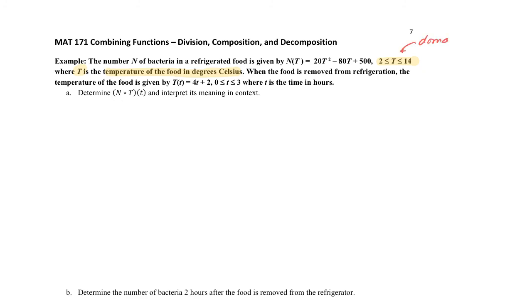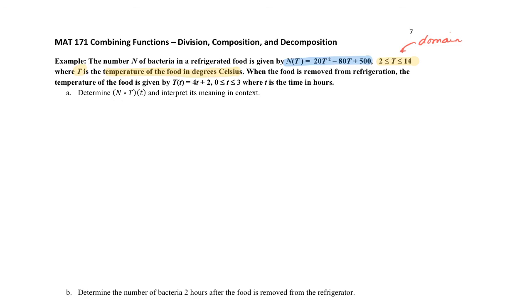Remember capital T is temperature in Celsius. So if the temperature is less than 2 degrees Celsius or more than 14 degrees Celsius, then my function here is not going to give me an accurate result. This function only works for temperatures in Celsius greater than or equal to 2, less than or equal to 14 degrees Celsius. And this N of T value, just to keep all of this straight, is going to represent the number of bacteria.